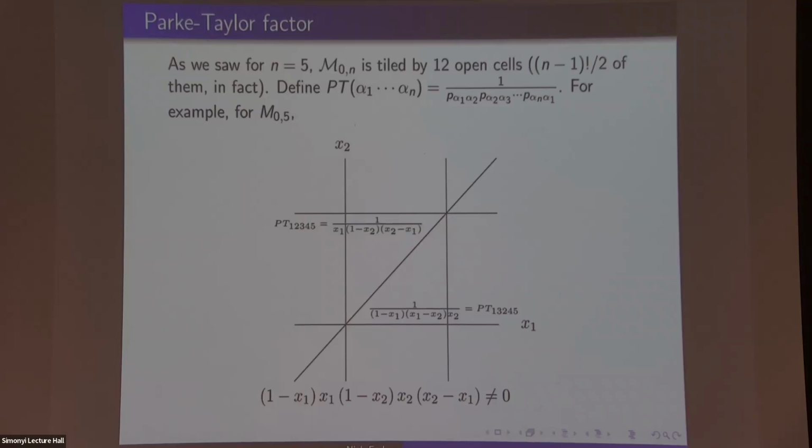Exactly. So this is characterized by an increasing sequence of X's. In other terms, it's the torus quotient of the part of the Grassmannian where all minors are positive.